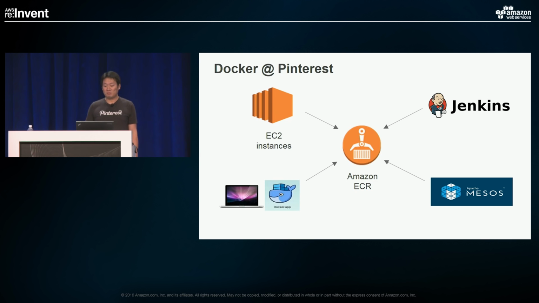So I trust AWS, just like we trust other services in AWS. The second reason is it's fast and performant because AWS provides maybe the fastest access path for ECR. And the third reason is it's reliable and scalable.